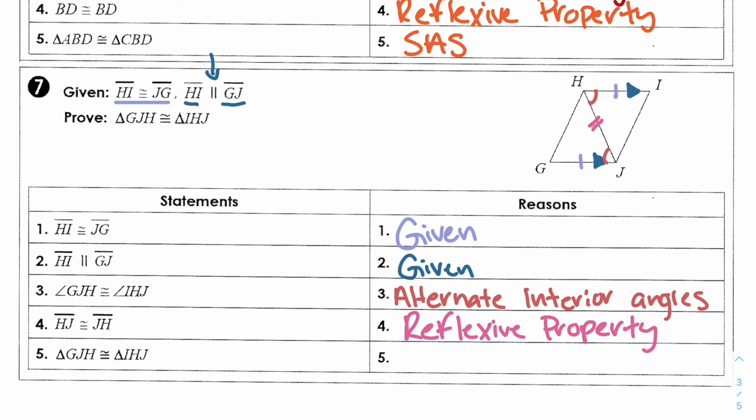So, why is triangle GJH congruent to triangle IHJ? Well, we have a pair of sides that are congruent, then we have an angle and another side. So side, angle, side is why it's congruent. And it's that because the angle is in between the two sides.